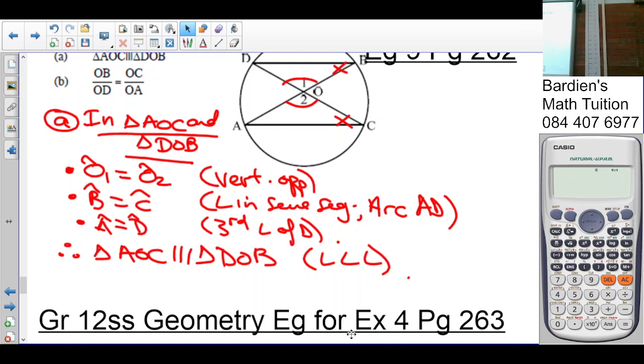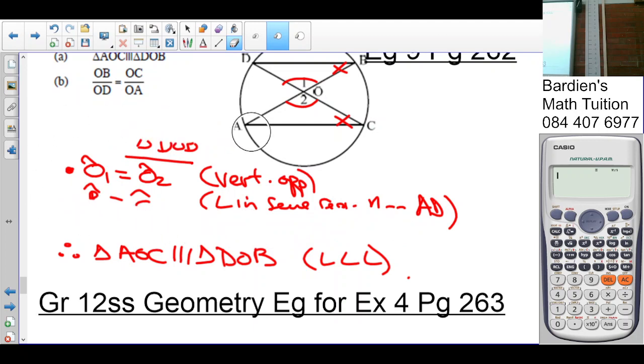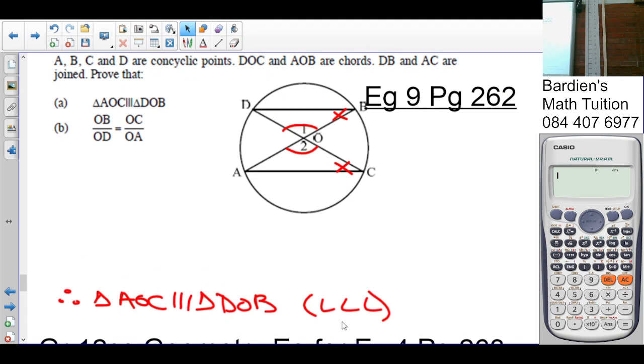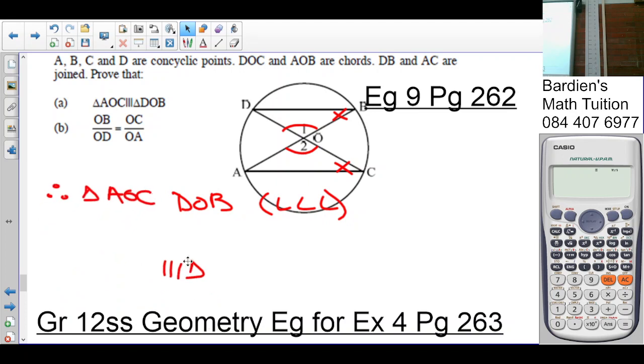So what I'm going to do is again, I'm going to take this off here, as I need the space, okay. Again, I want to keep the diagram in focus.